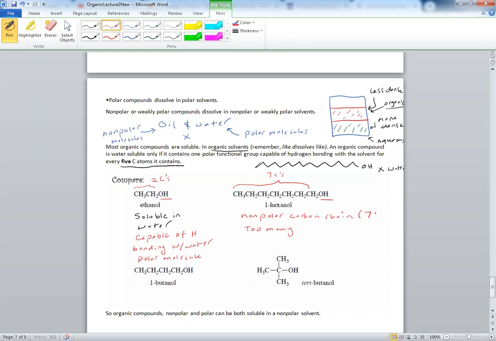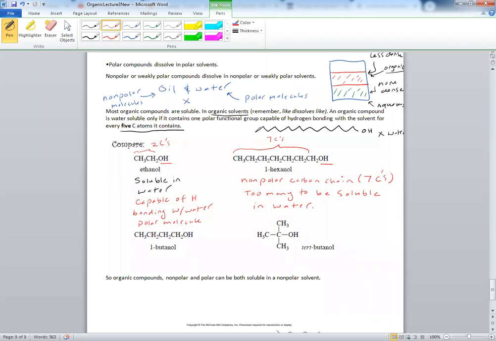You have 7. Too many to be soluble in water. It could be soluble, but it's very, very slightly soluble.